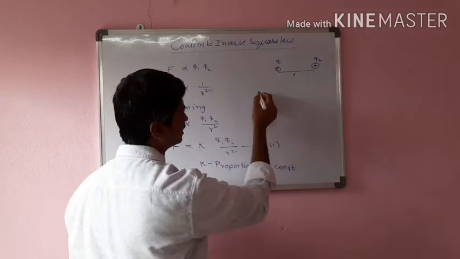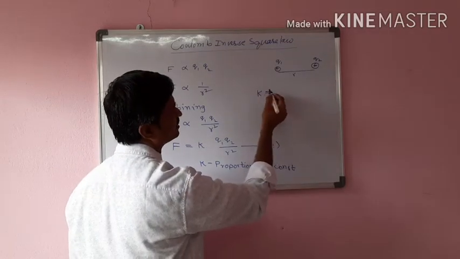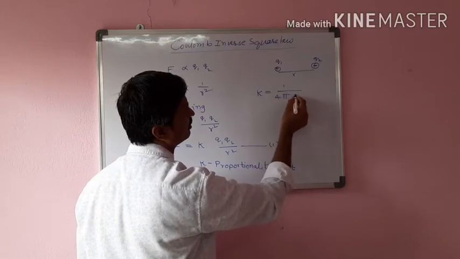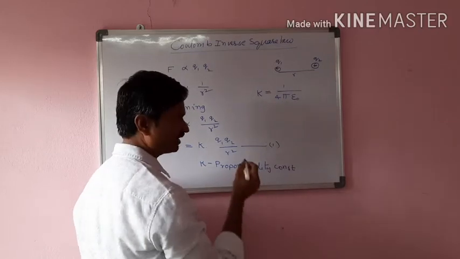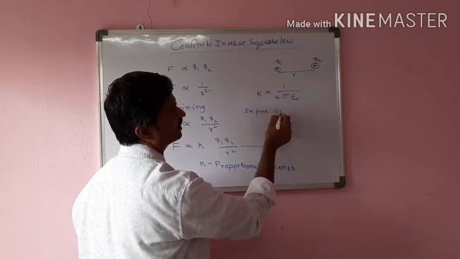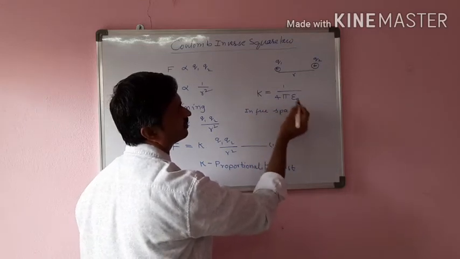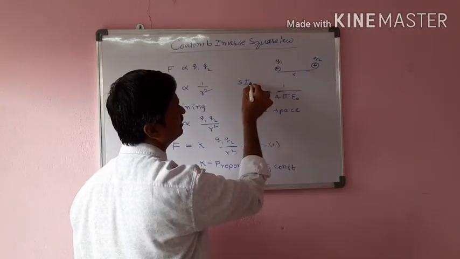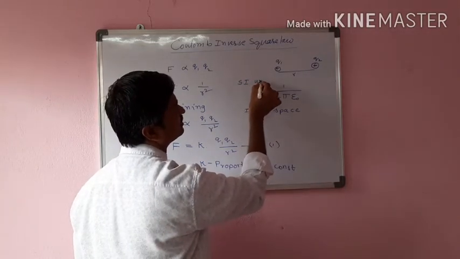It is found that the value of K is equal to 1 by 4 pi epsilon naught in free space, and this is in SI units.